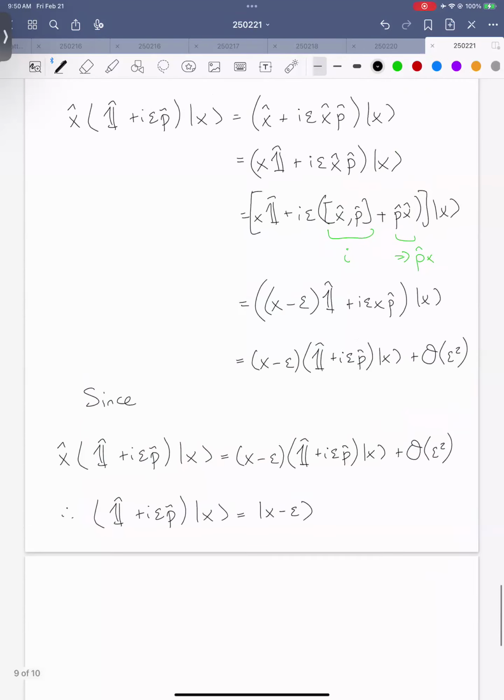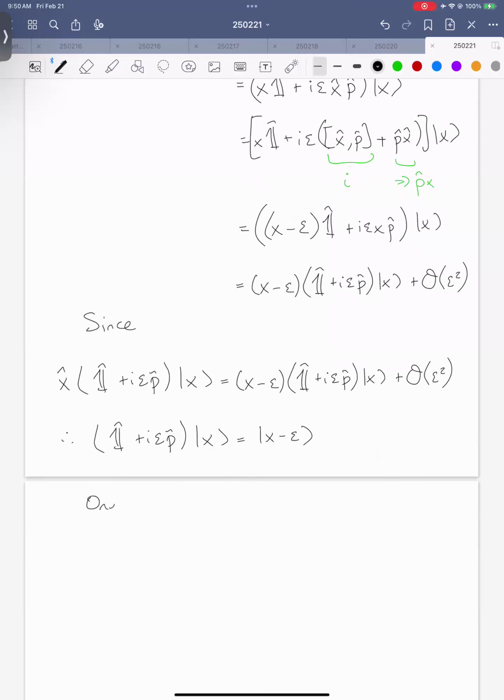Now, a clever trick that we will exploit over and over and over again is exponentiating infinitesimals. Because almost always, it's easier to work with infinitesimals. You have to work to leading order in the smallness, and then you just throw everything else away. But you'd like to ultimately have some transformation that is finite. And you do that by having an infinite number of infinitesimal transformations.